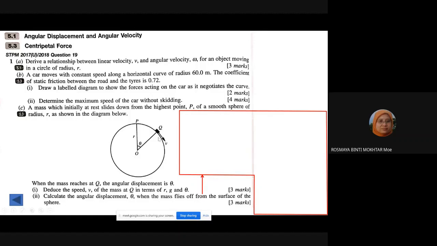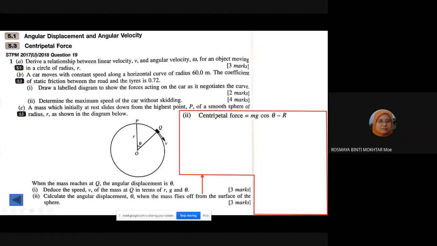So the angular displacement theta means we use circular motion, so we need to use the centripetal force provided in the circular motion here.